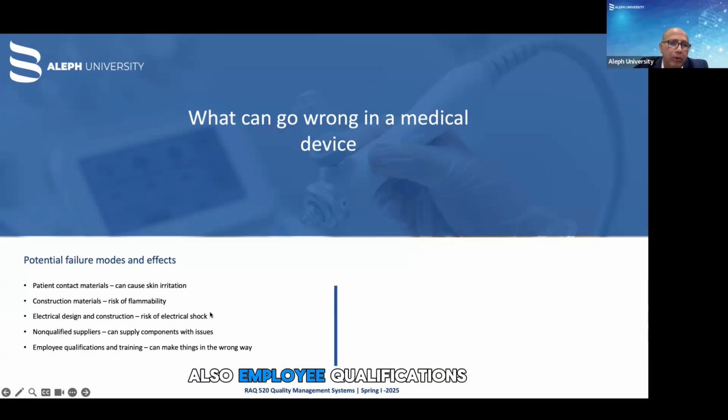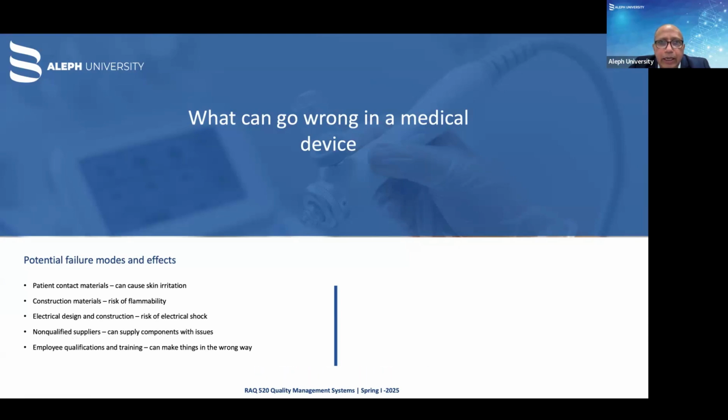Also, employee qualifications and training. When manufacturing companies hire somebody, if they are not trained on the quality management system and the procedures, they are not going to be qualified to do the work. That can bring instability and lack of reliability, and an employee who has not been trained can do things the wrong way.